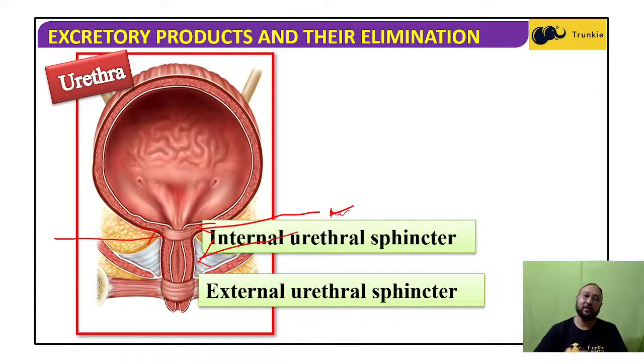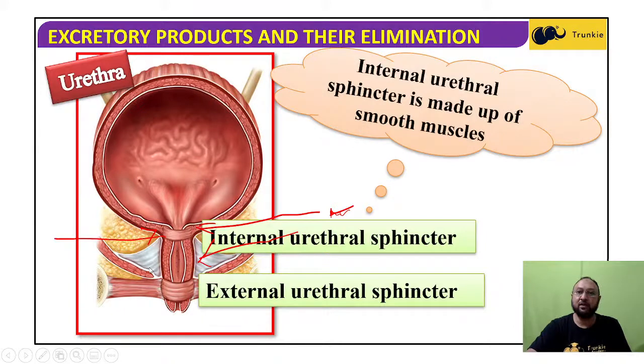That keeps it closed so there is no leakage of urine. When you go to the toilet and sit for urinating, these muscles relax, and then the urine is released. So that is how it is.